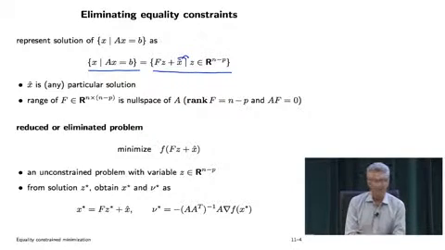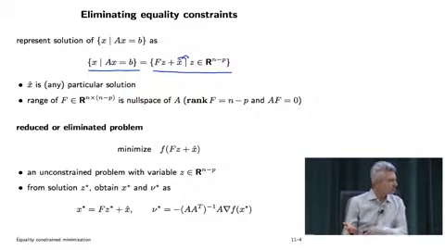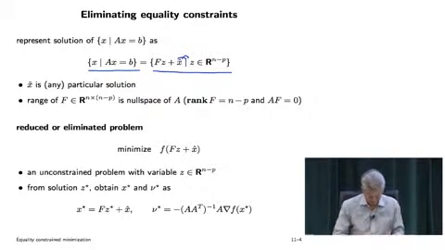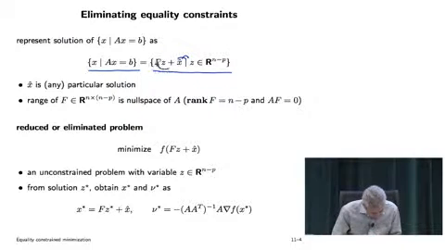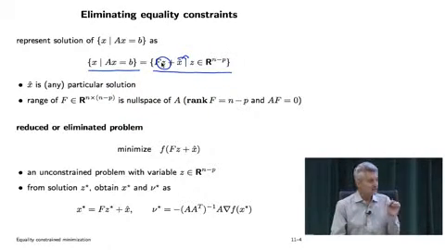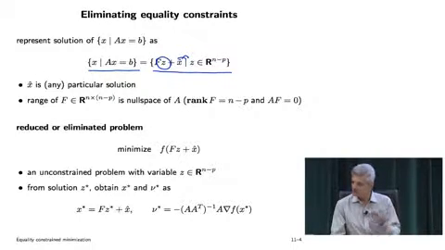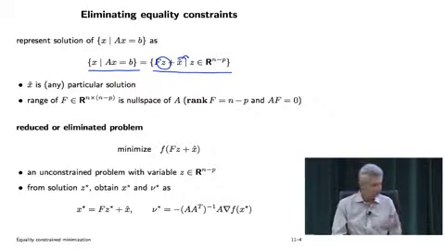That's the 19th century name. Anyway, that's a particular solution. And then F is a matrix whose range is exactly the null space of A. Lots of ways to compute that. That's just linear algebra. You use a QR factorization, all sorts of ways to do this.